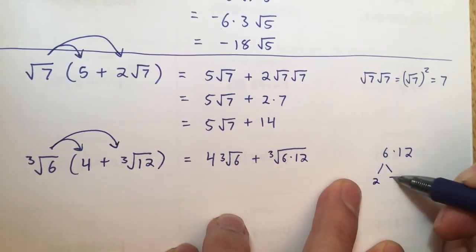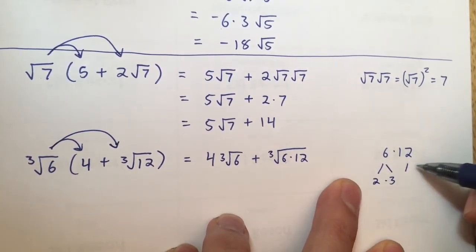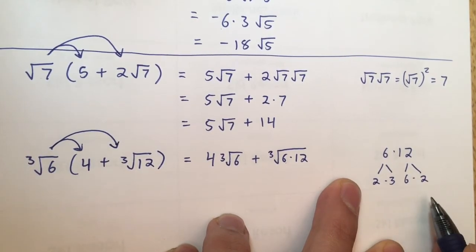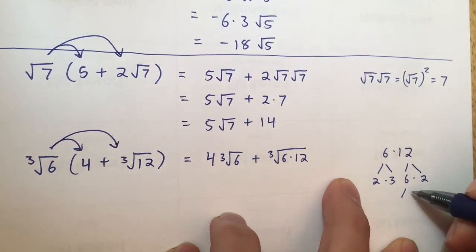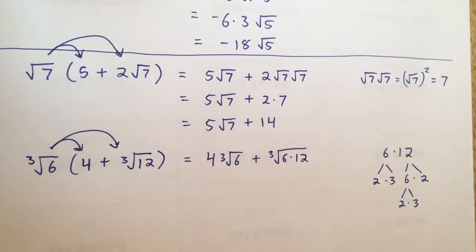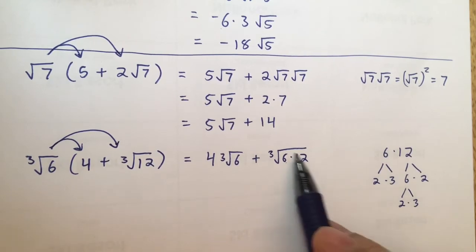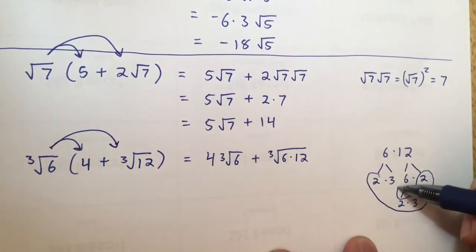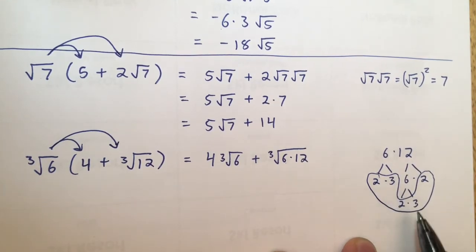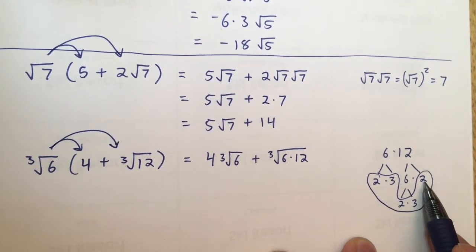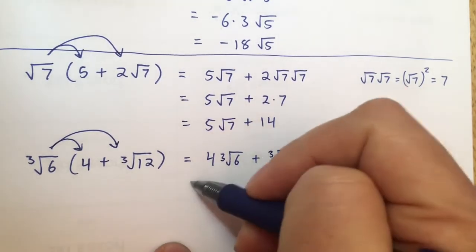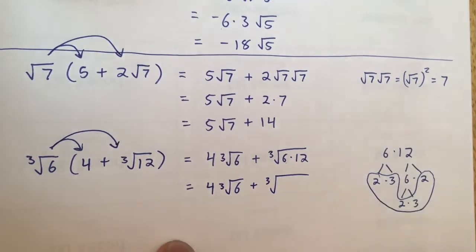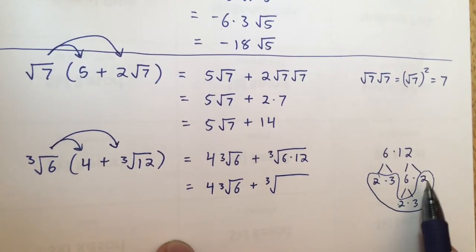6 factors as 2 times 3, and 12 factors as 6 times 2. And I can factor it further. Well, the 6 at least. 6 factors as 2 times 3. So this 6 times 12 is the same as 2 times 3 times 2 times 3 times 2. All right? So let's write that down, but compress it a little bit. 2 times 2 times 2 is 2 cubed.